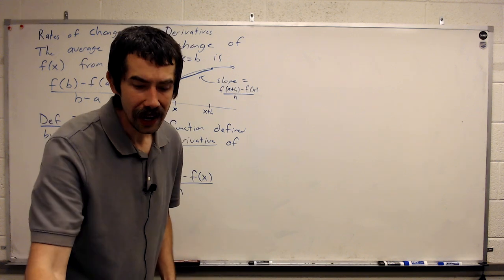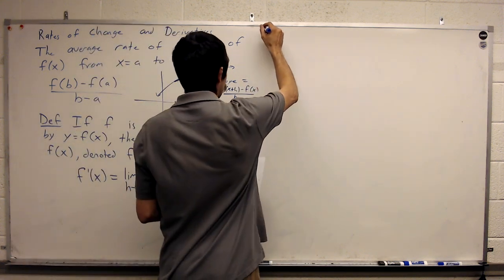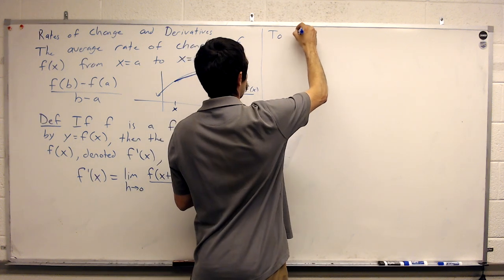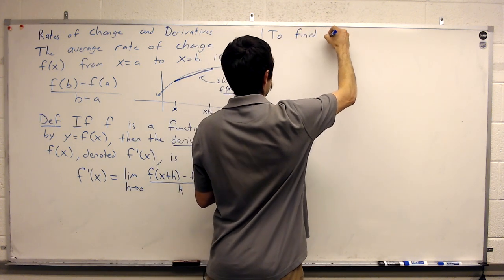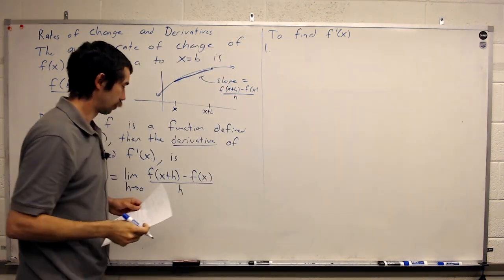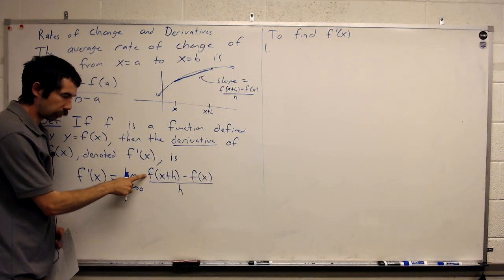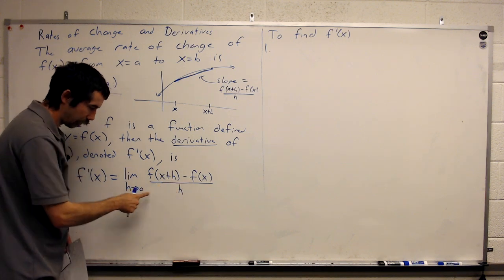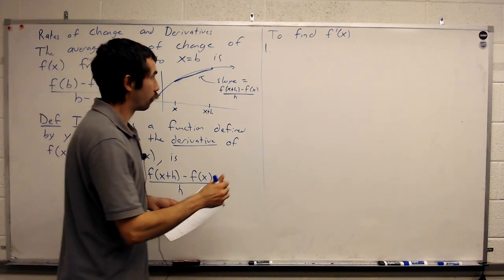And so to find the derivative, the first thing we should do, so we have f of x plus h minus f of x over h, and then we're going to evaluate a limit.